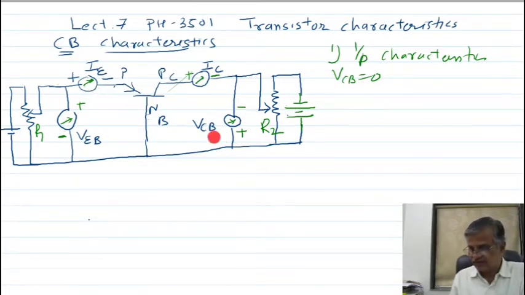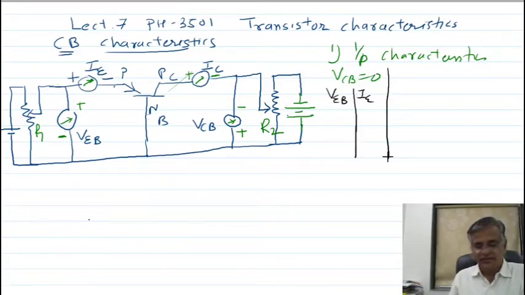Again, keep VCB at a fixed value; for your understanding, I am writing 0. Vary the emitter base voltage with the help of potentiometer R1 and note down the corresponding emitter current. I am changing my VEB and noting the IE. Repeat this procedure for another value of collector base voltage.